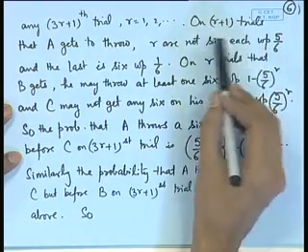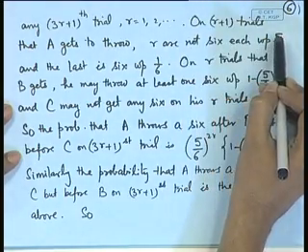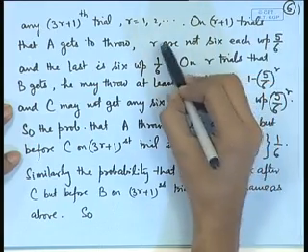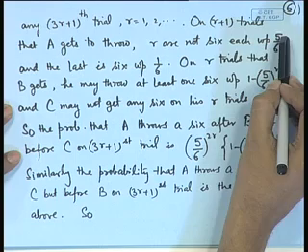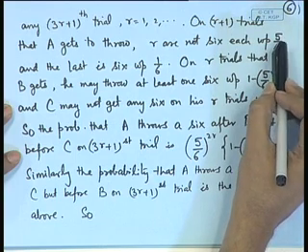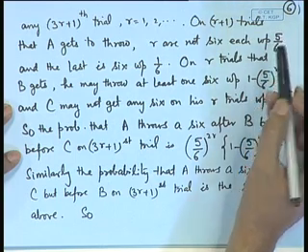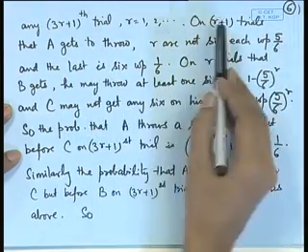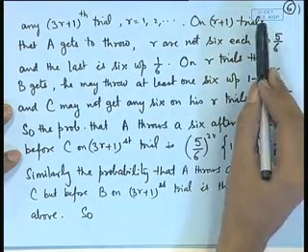Now, in a single trial, if we are assuming the die to be fair, A will not throw a 6 with probability 5 by 6. So, in the first r trials, he is not able to get a 6, and the probability of that is 5 by 6 to the power r, and in the r plus 1th trial he gets a 6, so the probability of that is 1 by 6.